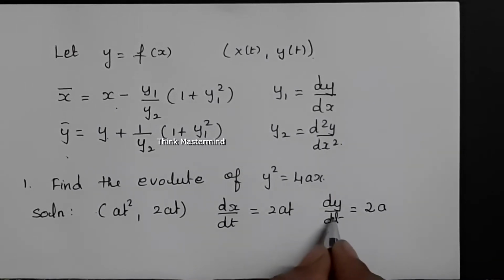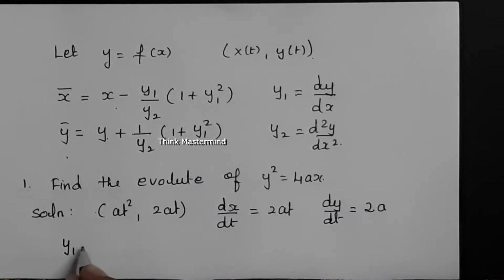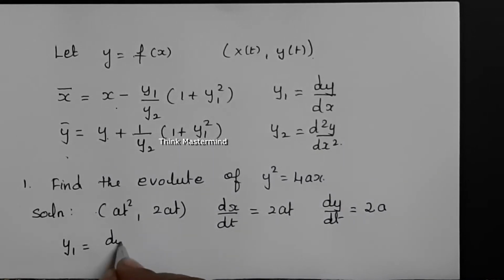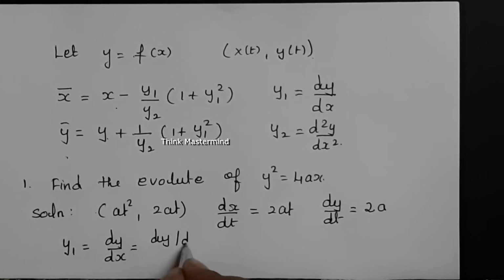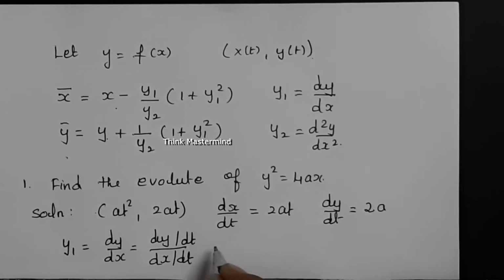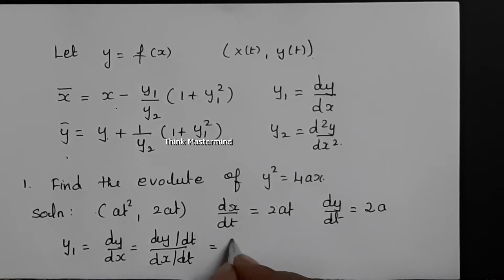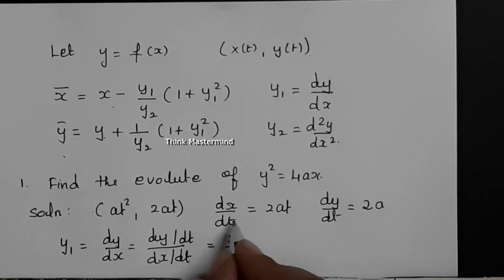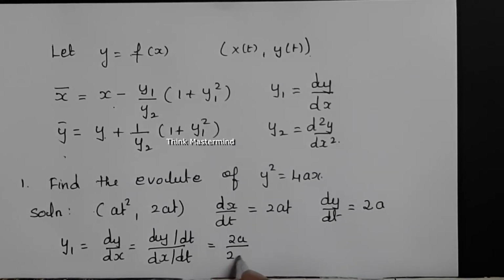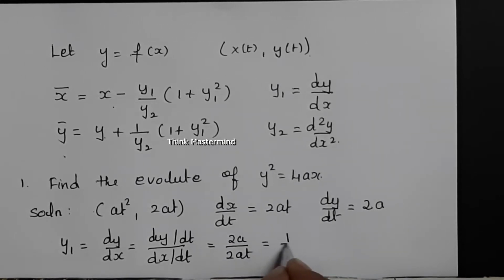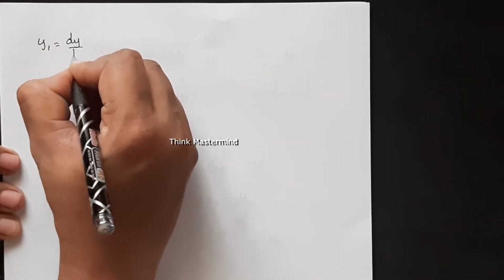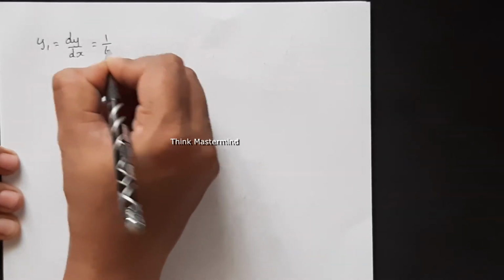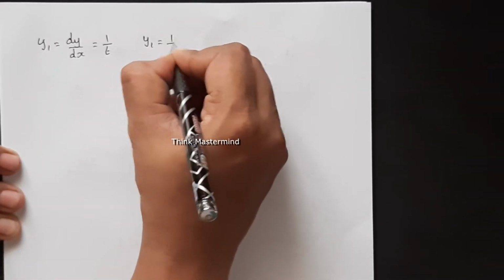Using dx by dt and dy by dt, y1 is equal to dy by dx, that is dy by dt divided by dx by dt. So dy by dt is 2a divided by dx by dt, 2at, that is equal to 1 by t. Therefore y1 value is equal to 1 by t.